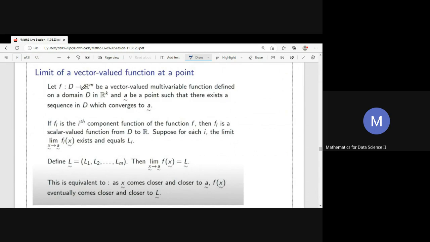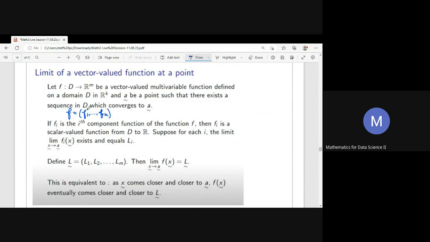Now let f from D to R^m be a vector valued multivariable function. Here the domain is R^k, and let A tilde be a point such that there exists a sequence in D which converges to A tilde. Okay. So now what is the limit as x tilde goes to A tilde of f(x)? f is now having k functions f1, f2, fk.